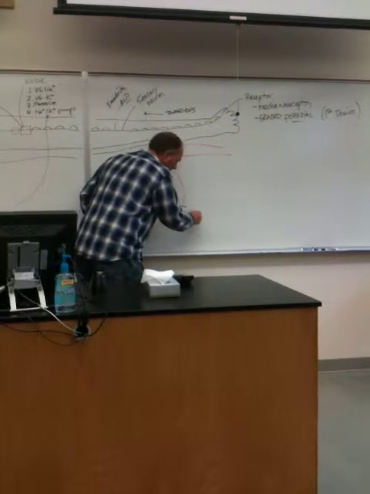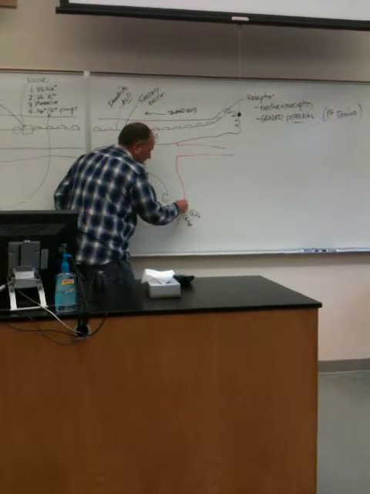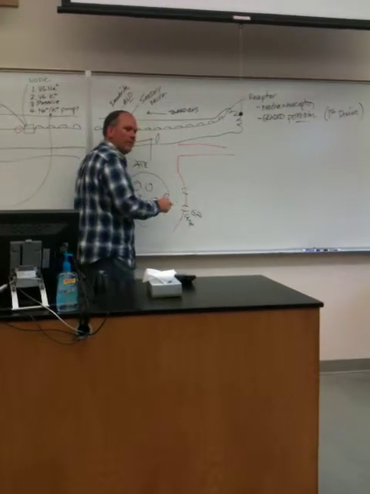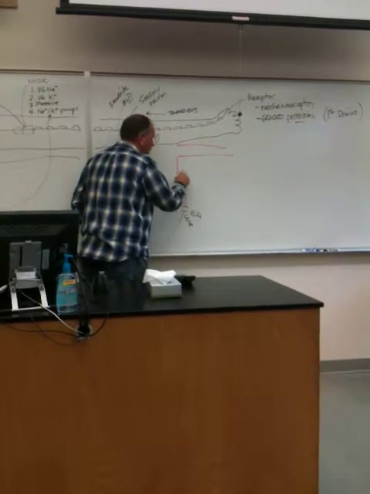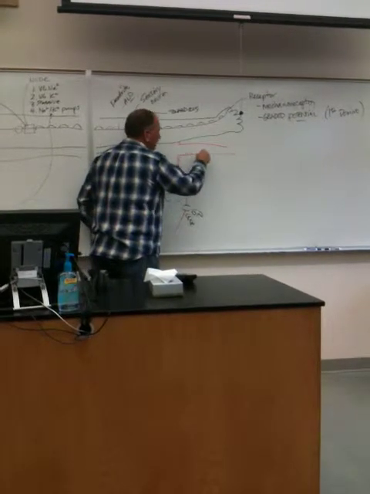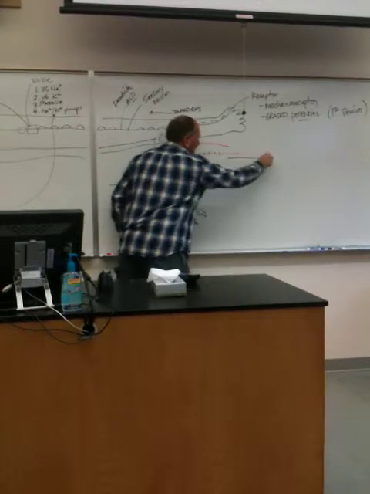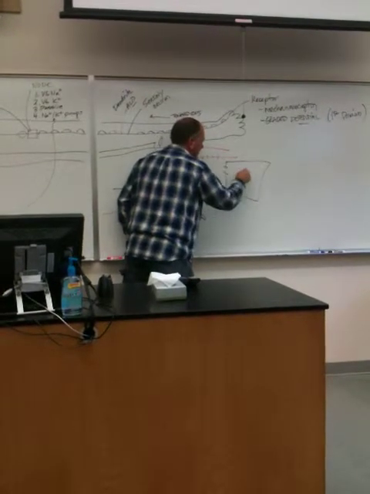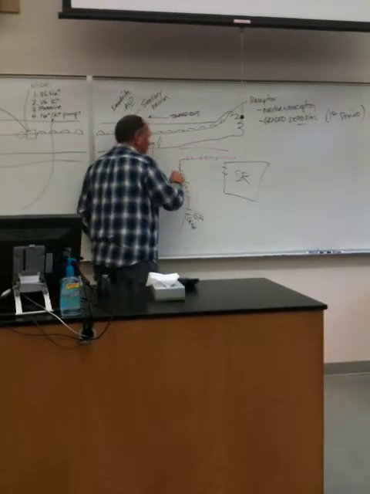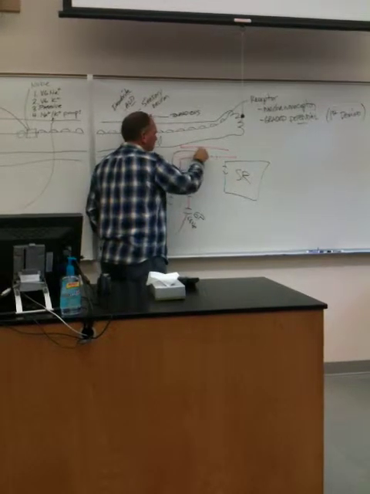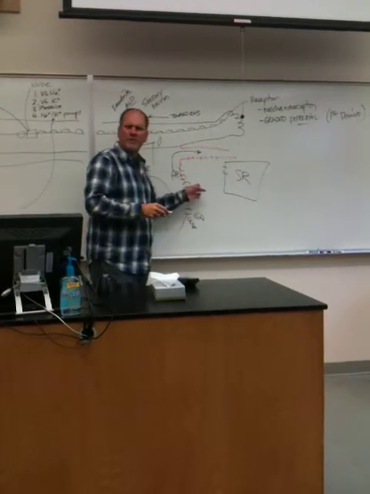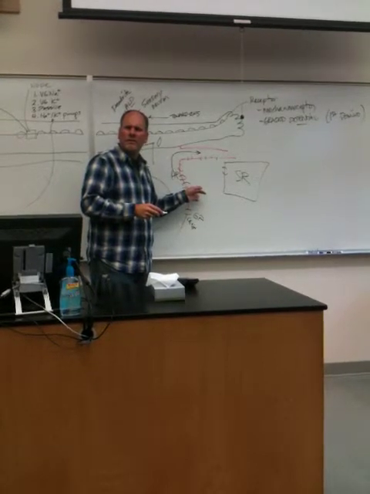This is graded, and the next domino will kick over, voltage gated, voltage gated, voltage gated, and all of a sudden we're headed down the T-tubule just for kicks. That action potential, as it moves down, can muscle cells generate action potentials?